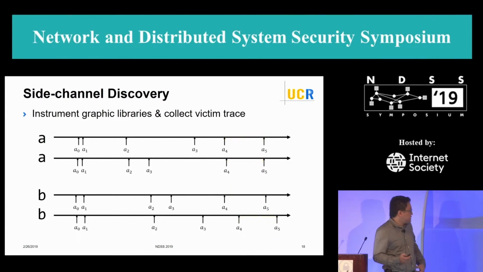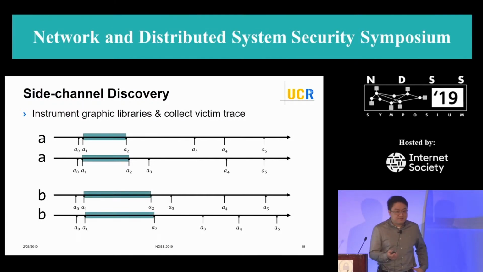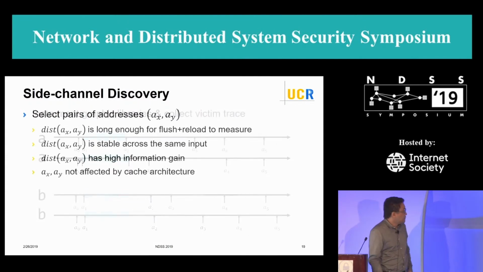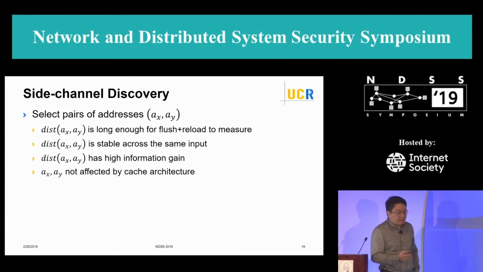What makes a good side channel would look something like this. For example, when rendering A, the timing is consistently shorter than rendering B. To put it formally, a good side channel should be long enough for flush and reload, should be stable across the same input, and have high information gain across different inputs. Here we also take into consideration the cache properties that these address pairs have to satisfy.